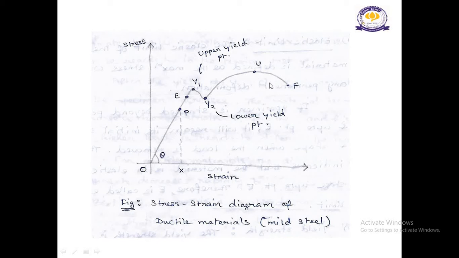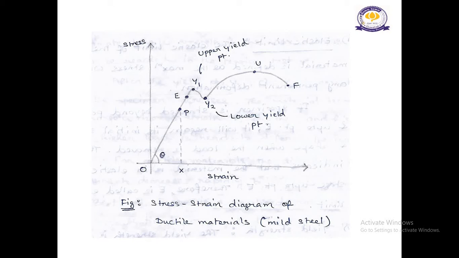The material becomes stronger due to strain hardening, and a higher load is required to deform the material. For ductile materials, the diameter of the specimen begins to decrease rapidly beyond the maximum load point U. There is a localized reduction in the cross-sectional area called necking.